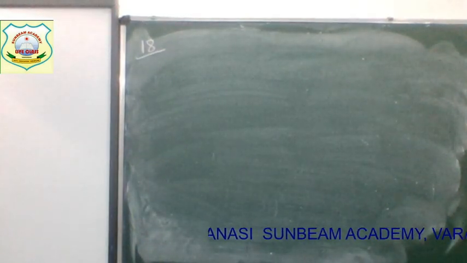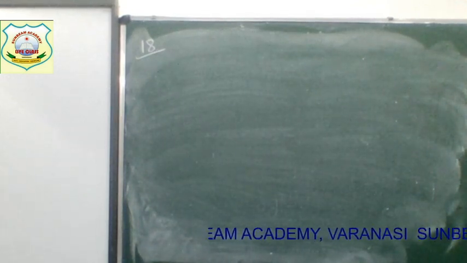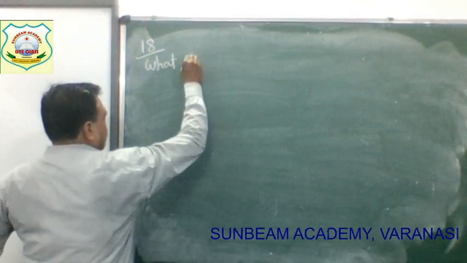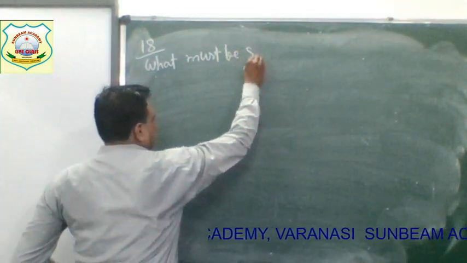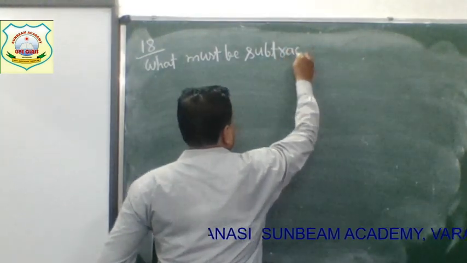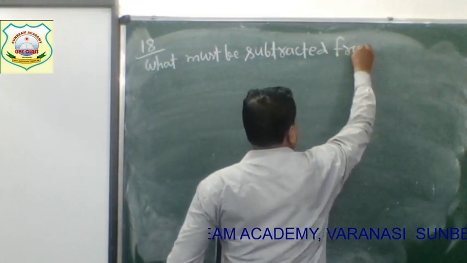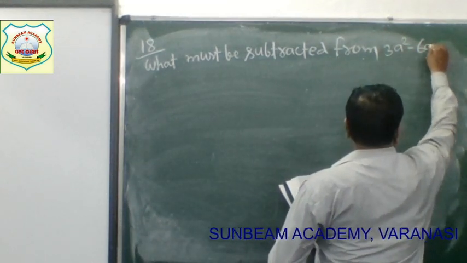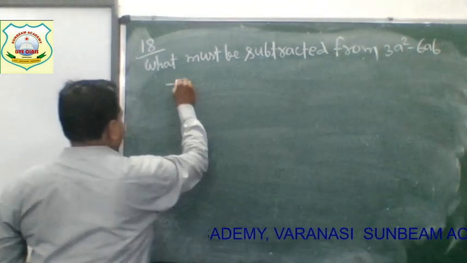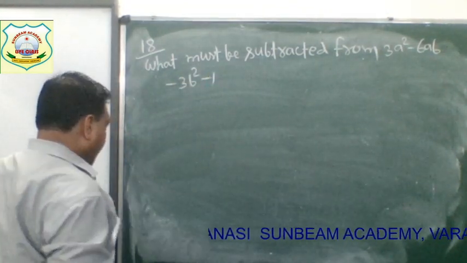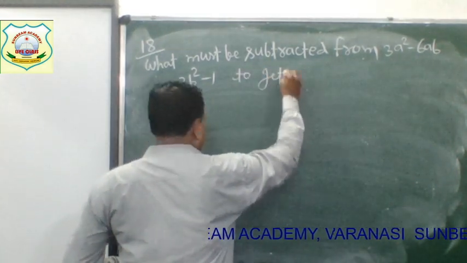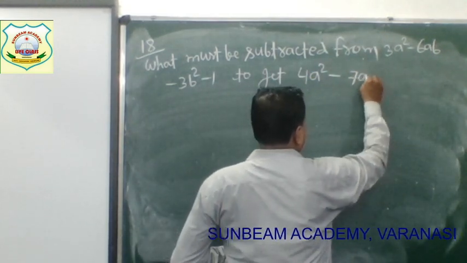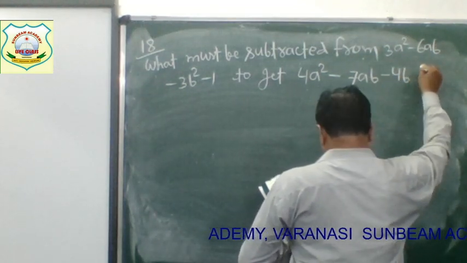Question number 18 is given: what must be subtracted from 3a square minus 6ab minus 3b square minus 1 to get 4a square minus 7ab minus 4b square then plus 1.